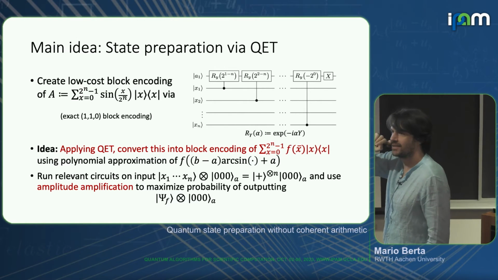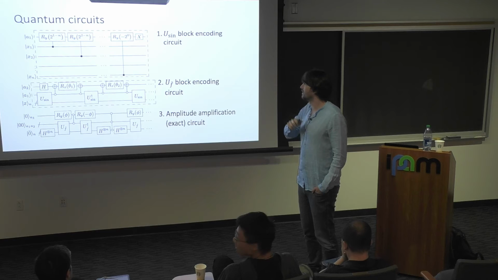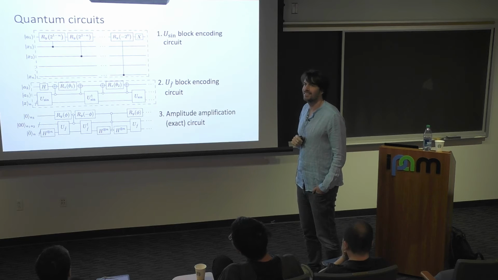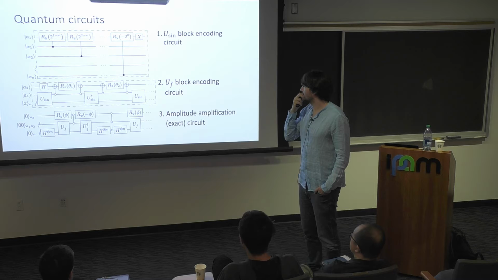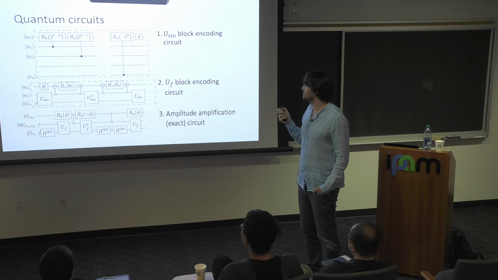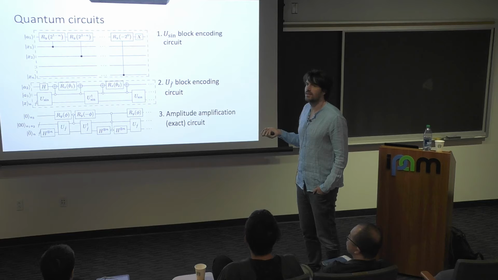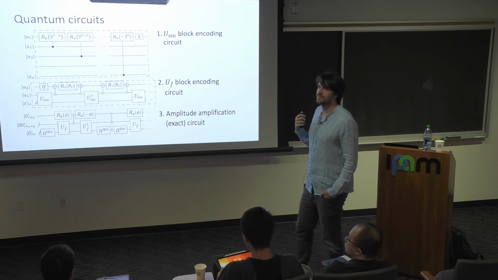I think Marius was next. Yeah, if you go back to the slide you want to talk about. Does it always happen that this UF and UF dagger appear in pairs? I thought so. Is that important? I heard from experimental talks that for some reason this is more stable.